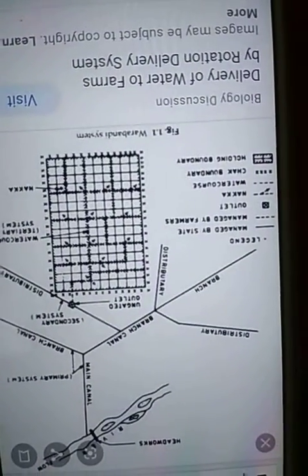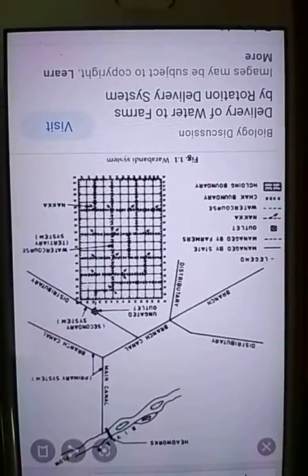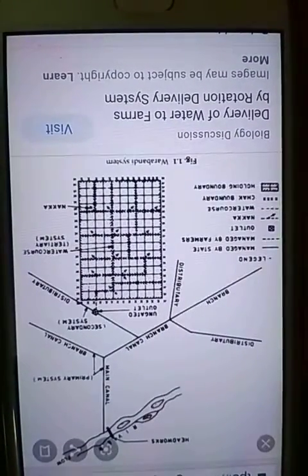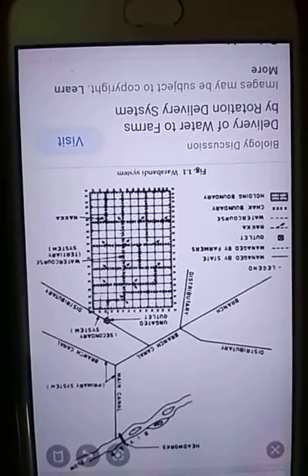In this system, each activity is shown by different types of lines: managed by states, managed by farmers, outlets, water course, chak boundary and holding boundary. So this is a proper system of rotation of delivery through outlets.